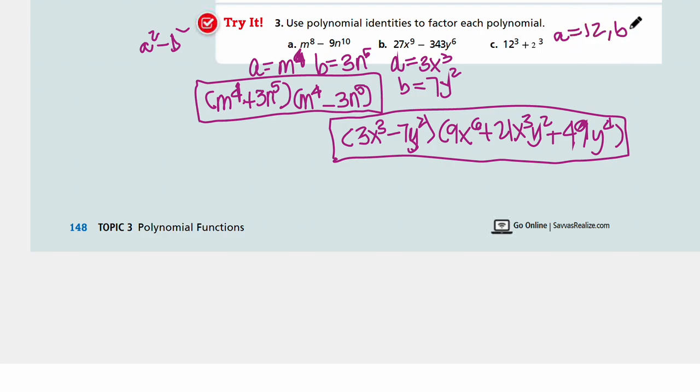And then you can rewrite it as a plus b times a squared minus ab plus b squared. So if you calculate all of them, you should be able to get 1,736. So simplify them using the sum of cubes. All right, so that was try number 3 and example 3. We'll continue with example 4 in the next video.